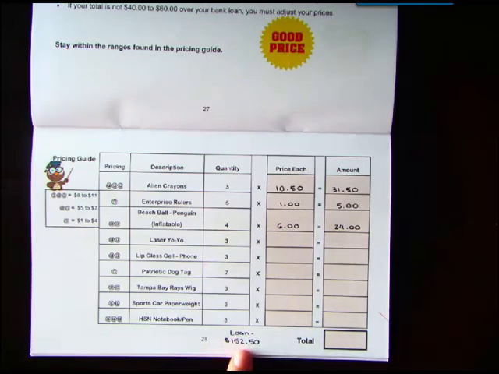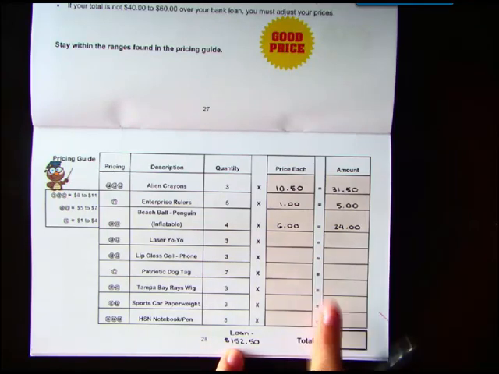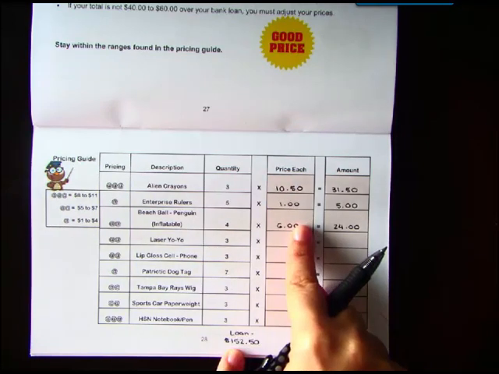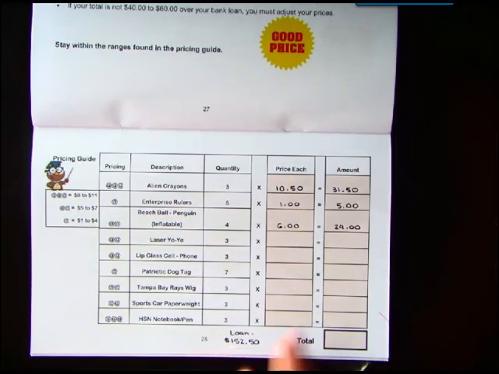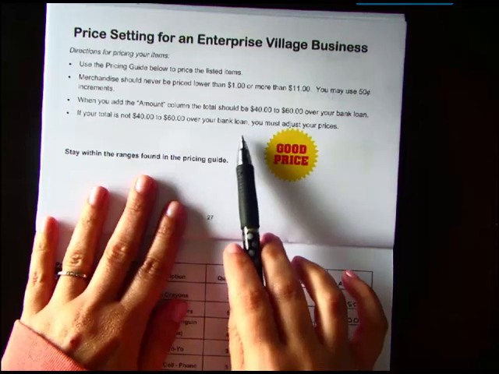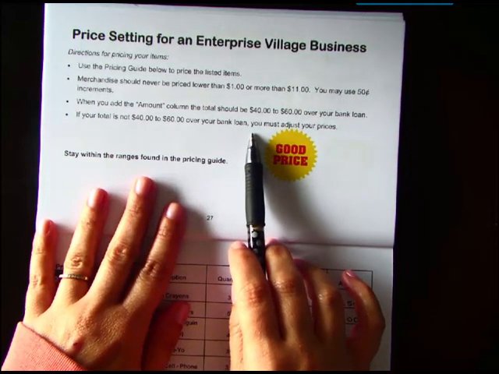Okay, and our loan was $152.50. So this number has to be $40 to $60 more than this. So once you've figured out the other ones, and you may even need to go back and change mine, if this doesn't meet that rule, then you have to go back and adjust some of your prices.